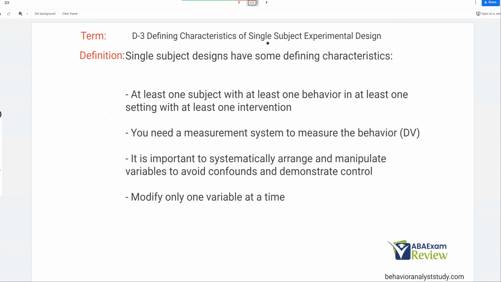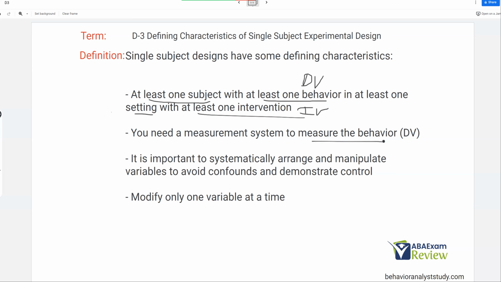So, what are some actual characteristics of these single subject designs now that we know what they are? We have at least one subject with at least one behavior, to be our DV, and at least one setting with at least one intervention, which is our IV. Simple as that. And then we have to have a way to measure the behavior.